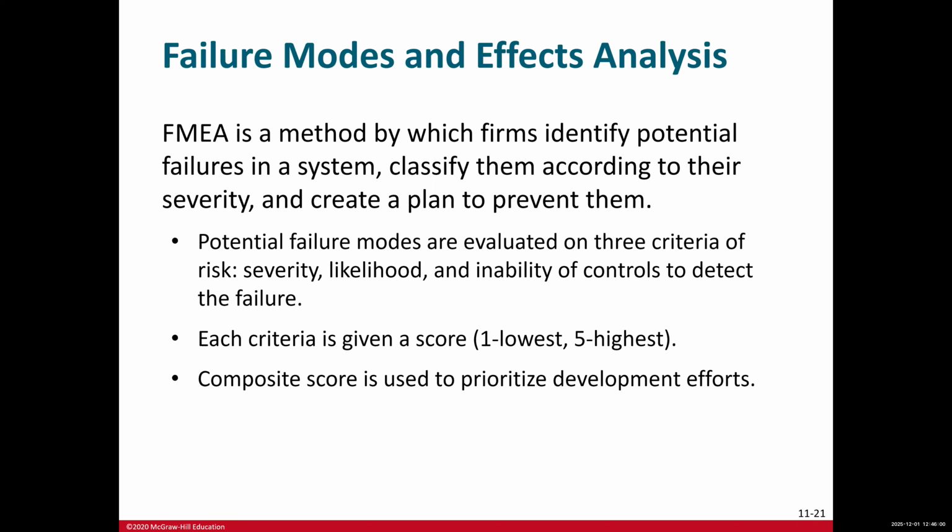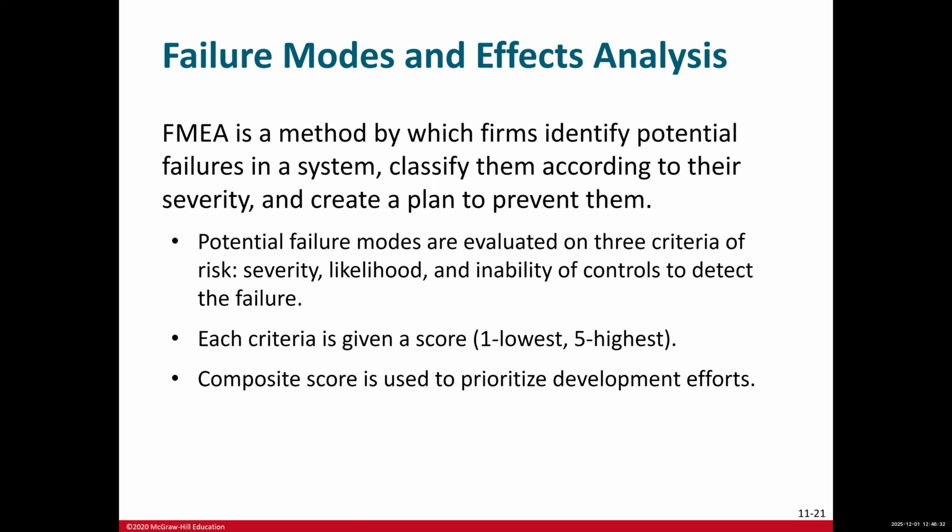And what's the likelihood, how likely is the failure to occur, and inability to detect the failure: how difficult would it be to detect the failure before it causes harm. We can assign a score to each criterion, for example, 1 is going to be the lowest risk and 5 is going to be the highest risk, for severity, for likelihood, and for inability to detect.